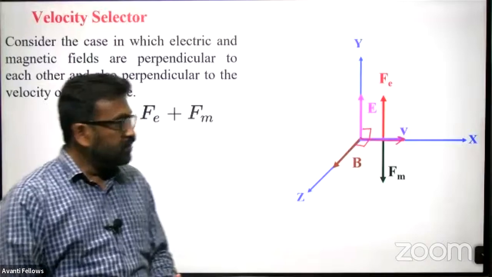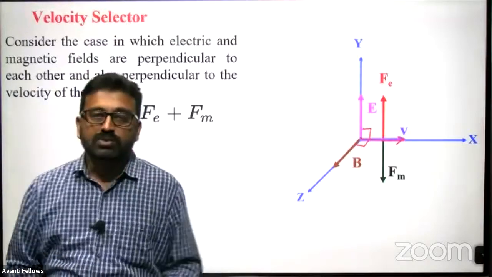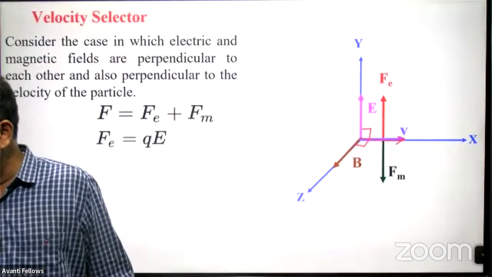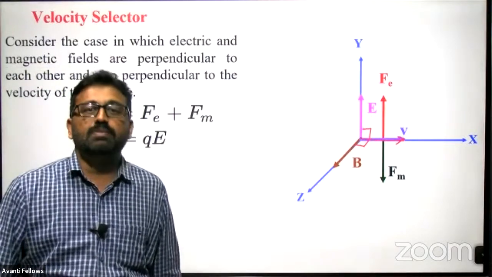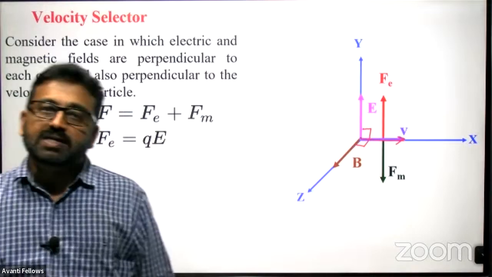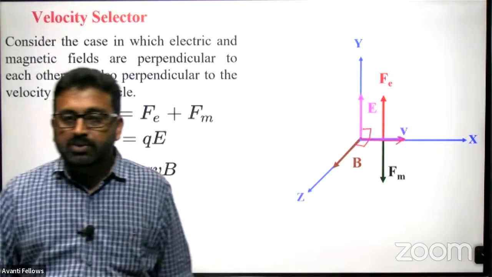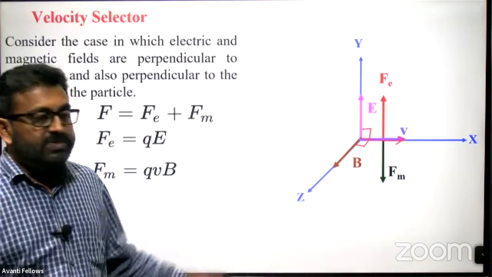So, total force will be equal to Fe plus Fm, electric force plus magnetic force. Fe equals Q multiplied by electric field, and Fm will be equal to Q into V cross B, that we have seen just now.